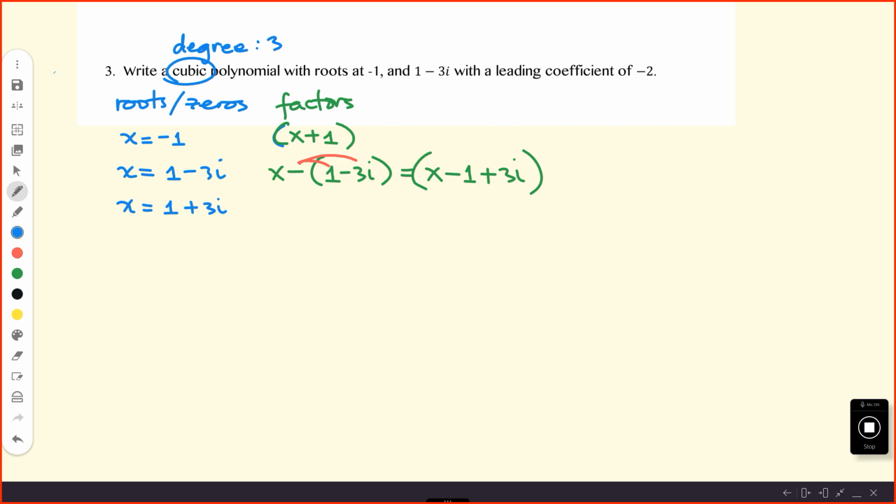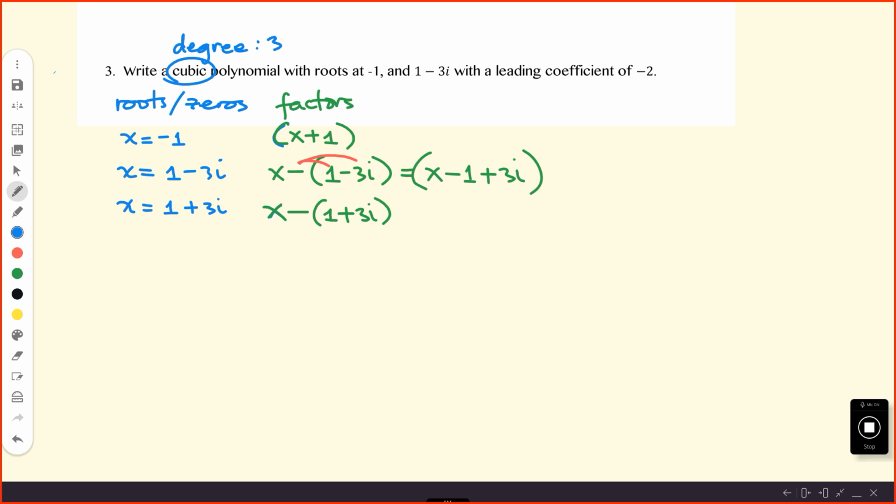Okay? Let's do the same thing with this. What is the factored form of this? This is going to be x minus this. Right? What is this? 1 plus 3i. I have to put it inside the parentheses because we're going to subtract this entire thing from x. Make sense?